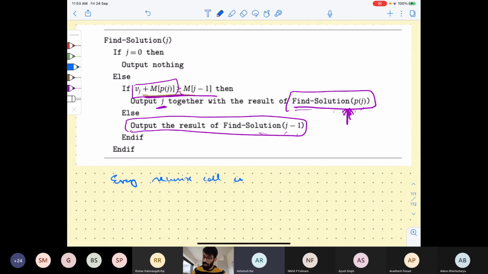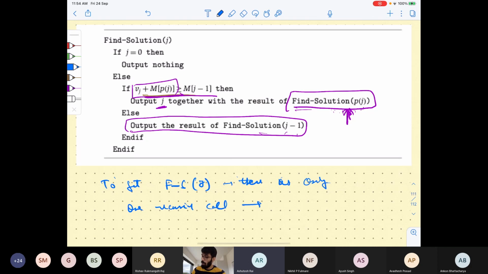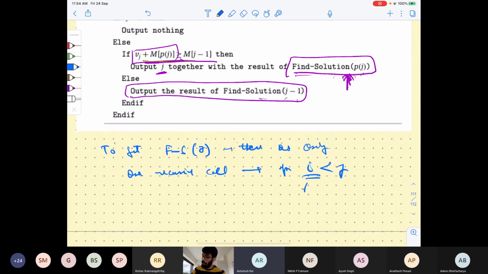To get find solution j, there is only one recursive call, and that is on a value less than j, some i less than j. This i can be either pj or j minus 1, depending on which case it is.